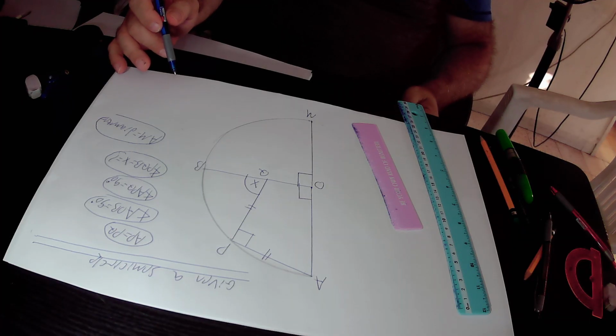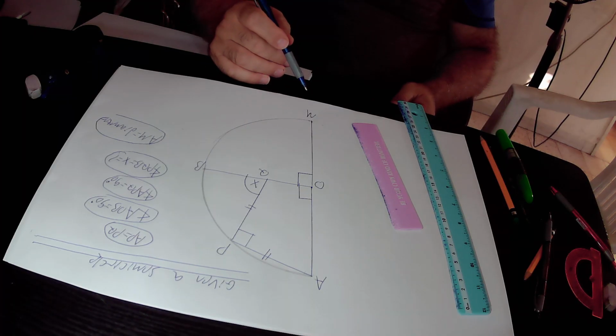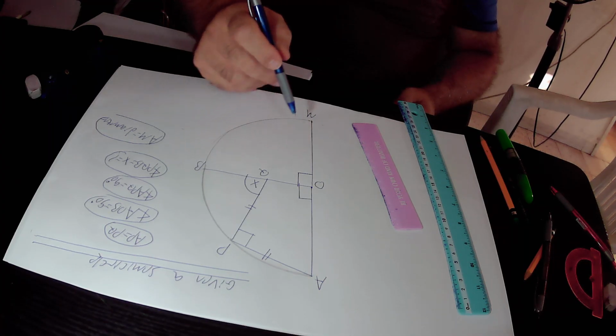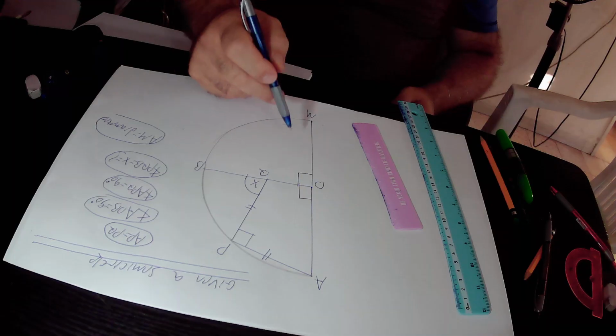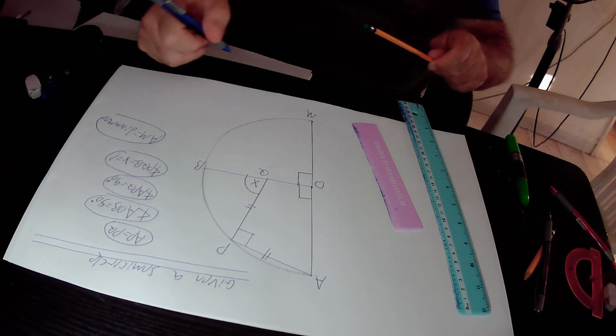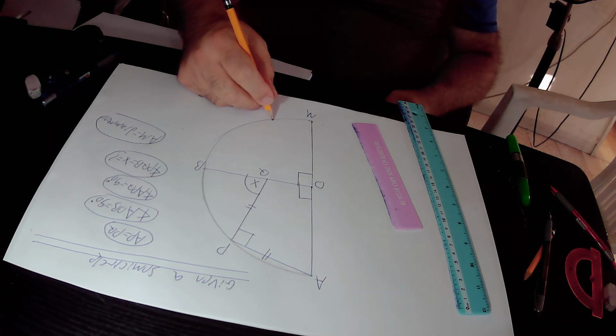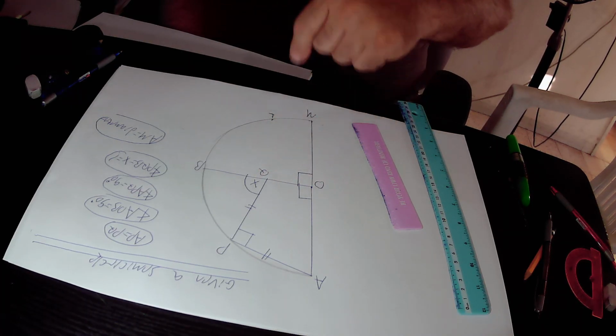In the next step, we will extend line segment PQ by a straight line until it touches the semicircle. But the question is where the extended line segment PQ will touch the semicircle. So we will assume that the extended line segment PQ will touch the semicircle at this point L. It is given in the question that angle APQ is a right angle.